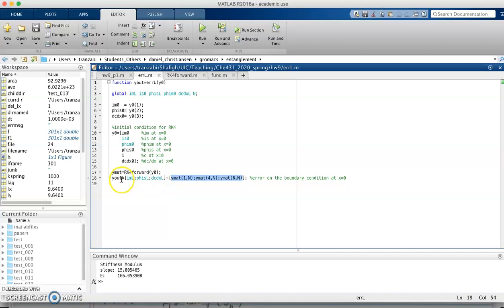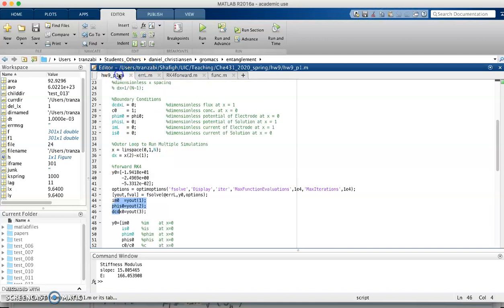I find 3 equations that I have to make 0, and in the main code, by using fsolve, I'm going to find the root of this error function, which is the guess values that I started with. And then by having the solution to this root finding problem, I'm going to have my correct guesses. So now my guesses are found by this point.